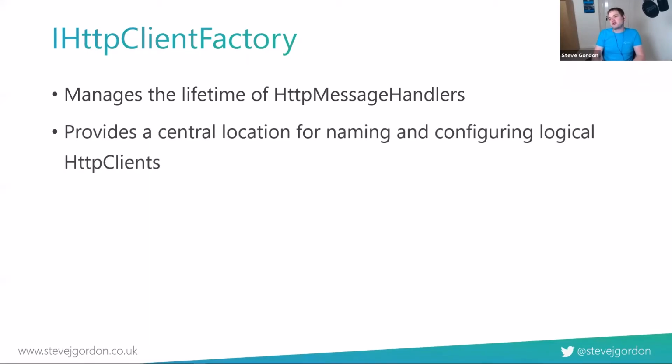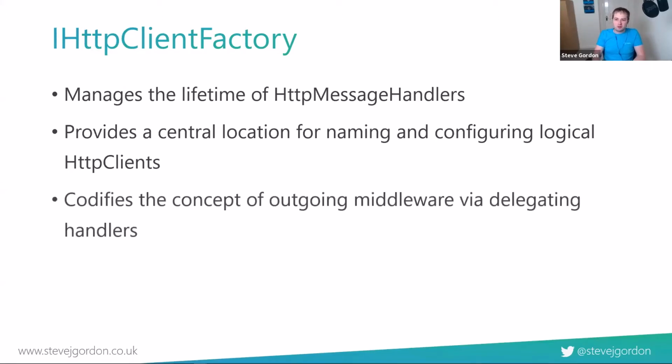It also provides a central configuration for providing logical configuration of named instances of HTTP client. So if you're talking to more than one downstream system to different endpoints, you can provide configuration that relates to each of those systems in a centralized place and get that reuse across your code base. It also codifies the concept of outgoing middleware using delegating handlers.